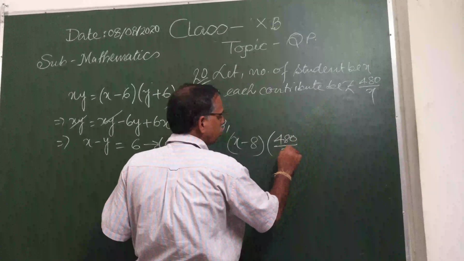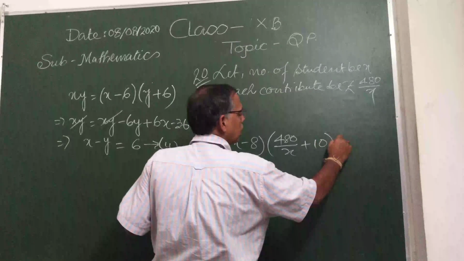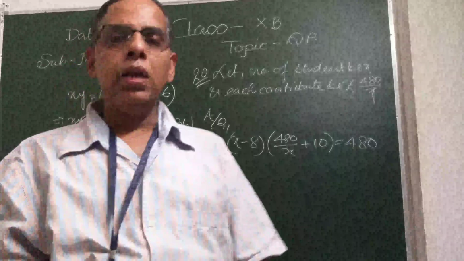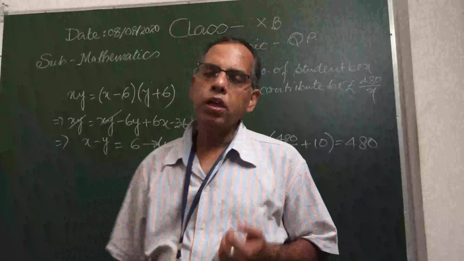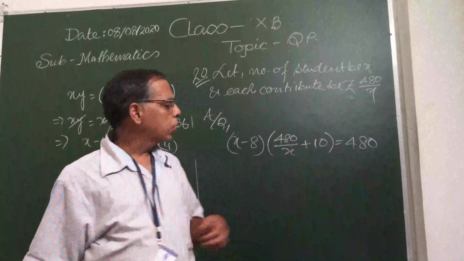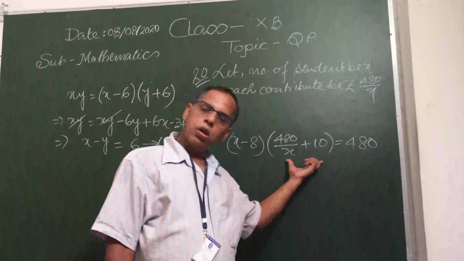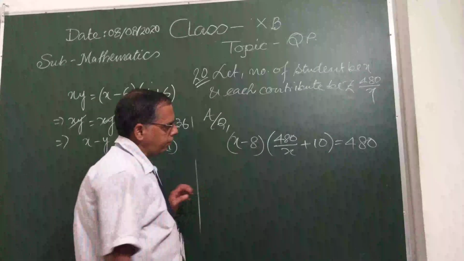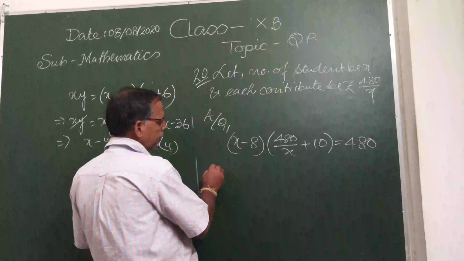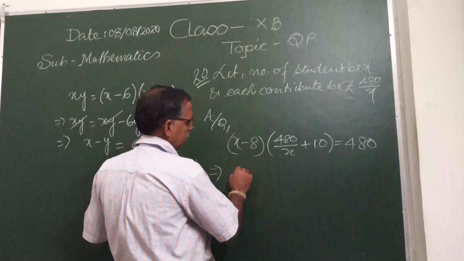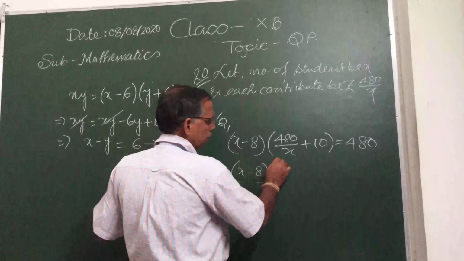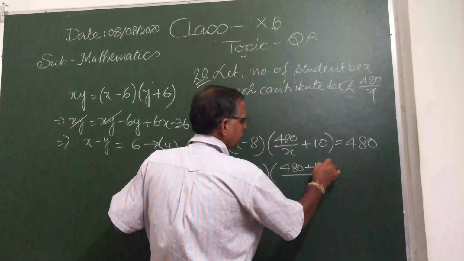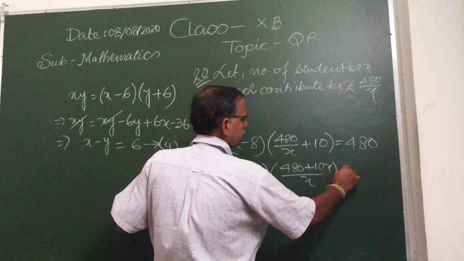This is the each contribution plus 10 equal to 480. Because the number of students multiplied by their contribution will give the 480 total, and that is not going to change. Then you simplify. What is that? x minus 8 times (480 plus 10x) divided by x equal to 480.